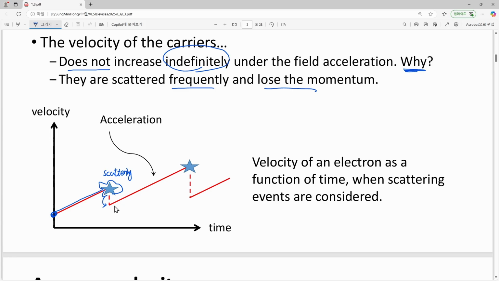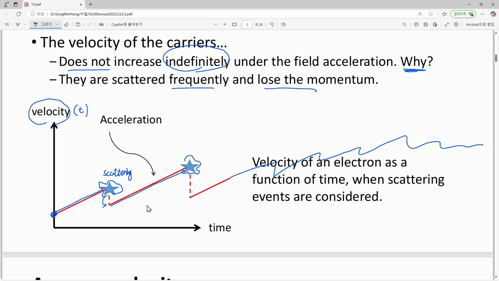After that, since this electron is still under a constant electric field, it is further accelerated. Once again, there occurs another scattering event. If we follow this, then there will be a certain behavior of our velocity as a function of time.